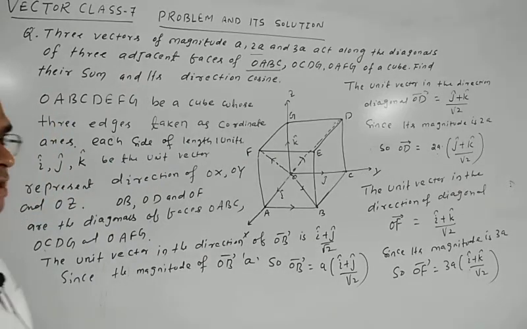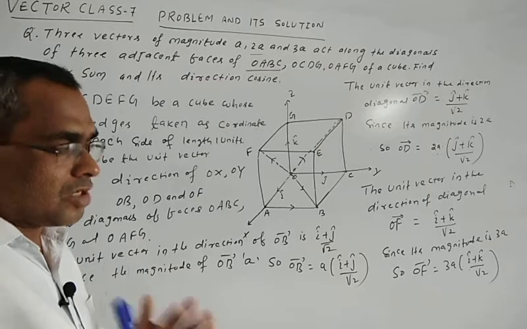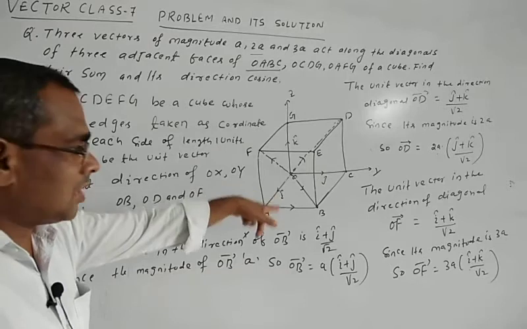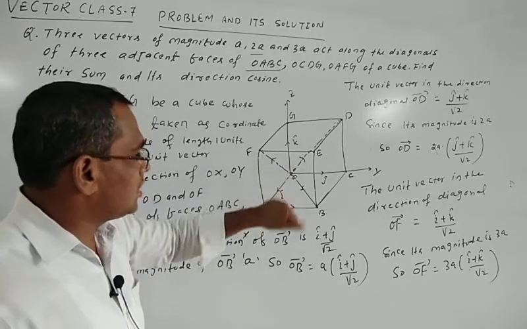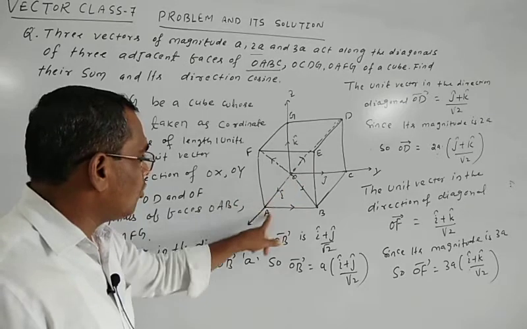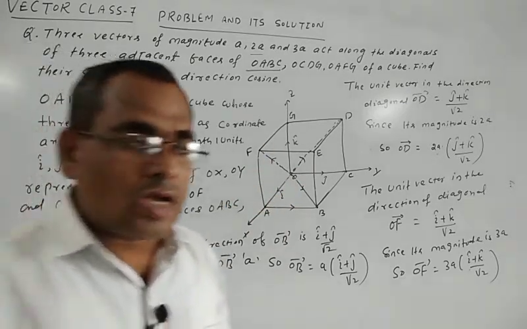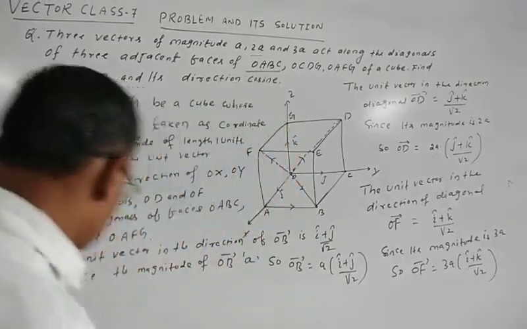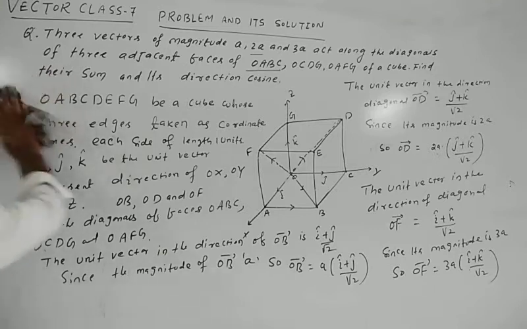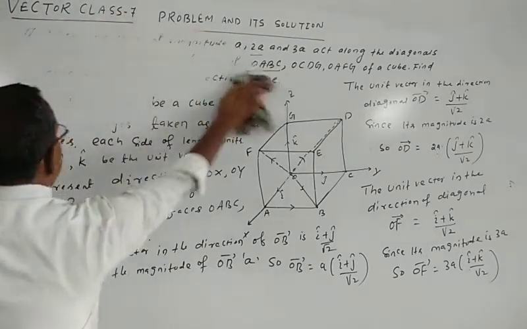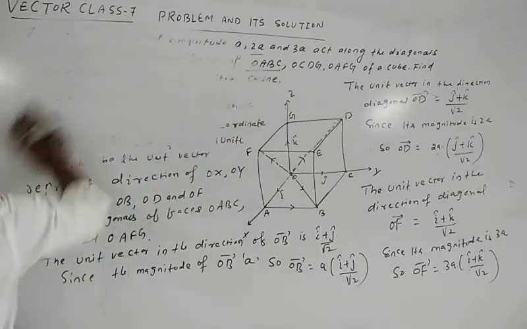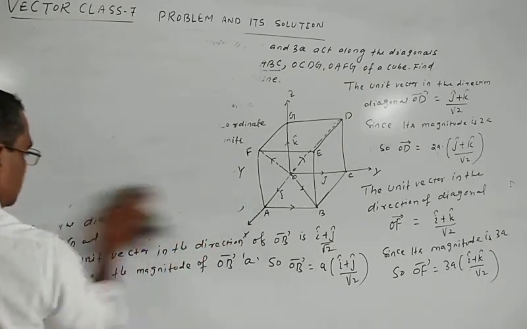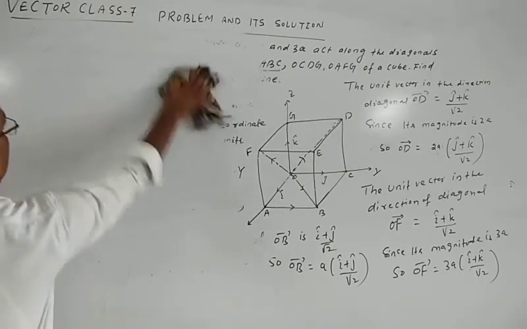So these are the vectors representing the diagonals of the faces OABC, OCDG and OAFG. Now we have to calculate the sum of diagonals of the three faces.